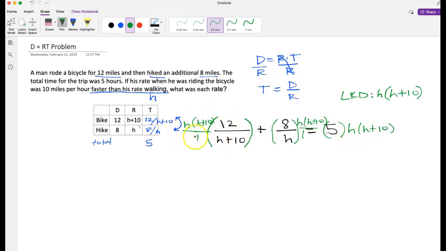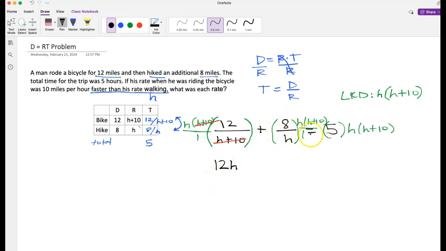All right, but let's look at this first fraction here. On this, I can see that I have a common factor that I can divide out. I have that h plus 10 and that h plus 10. That whole thing is going to divide out. And then I'm left with just 12 times h. So I have 12h here.